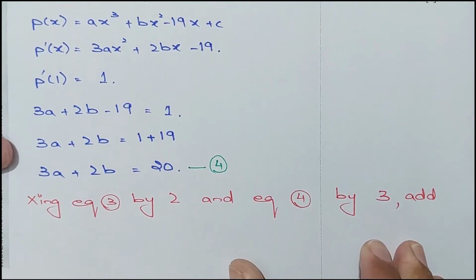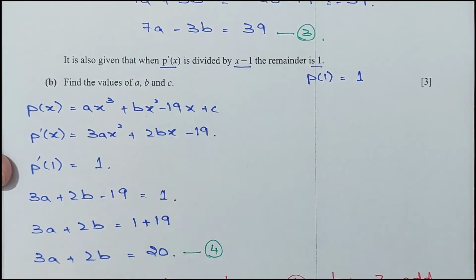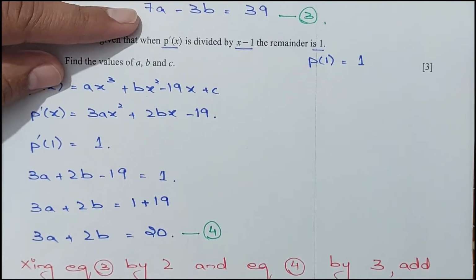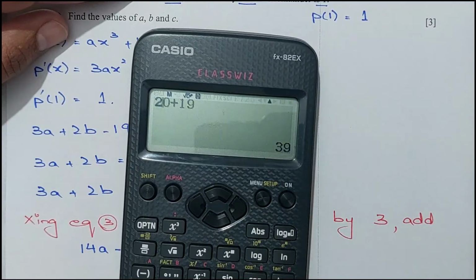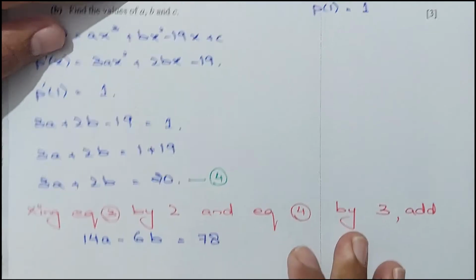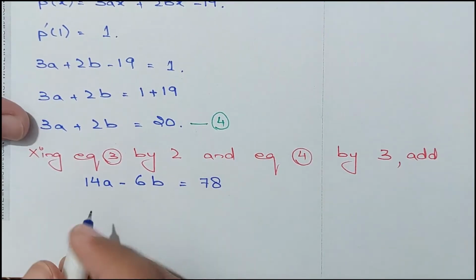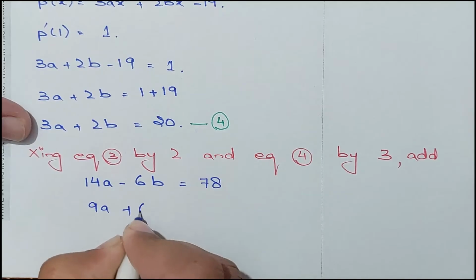Right. So let's do the multiplication. Equation 3 by 2. So this equation is multiplied by 2. 7 times 2 is 14a. 2 times 3 is 6b. And 2 times 39 is 78. And that equation is multiplied by 3. 3 times 3 is 9a. 3 times 2 would be 6b.